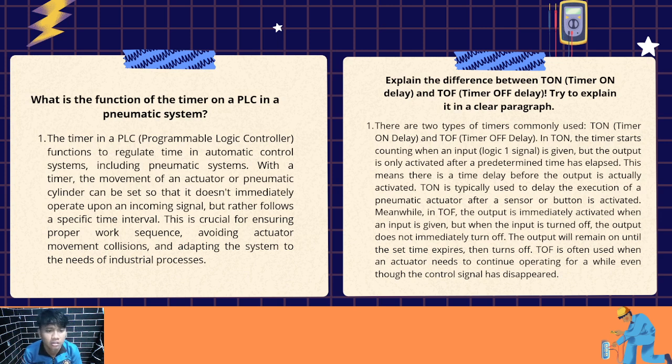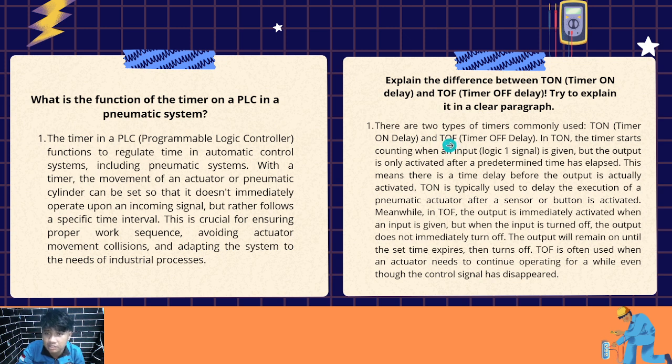With a timer, the movement of an actuator or pneumatic cylinder can be set so that it does not immediately operate upon an incoming signal, but rather follows a specific time interval. This is crucial for ensuring proper work sequence, avoiding actuator movement collision, and adapting the system to the needs of industrial processes.